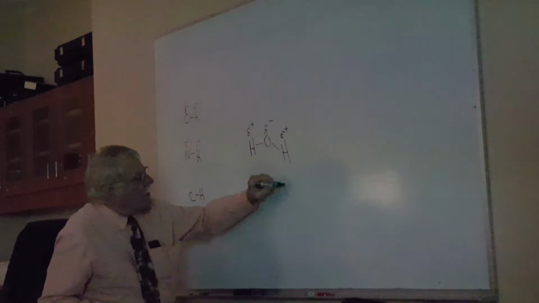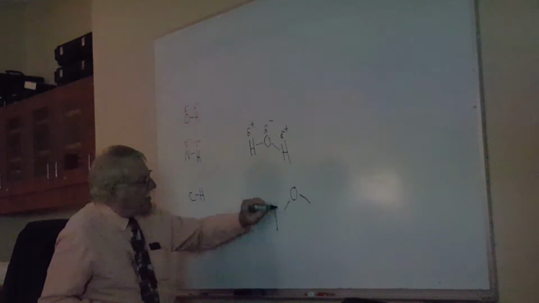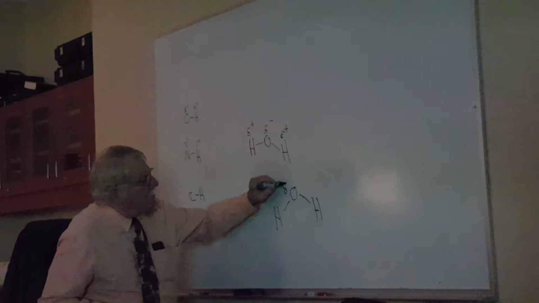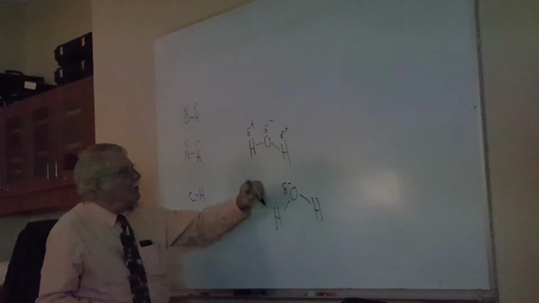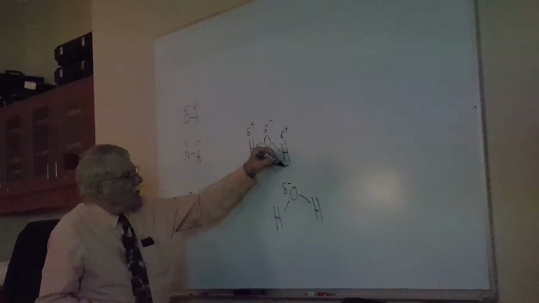And so when one water molecule sees another water molecule, they align themselves like this, so that, remember, opposites attract, the partial negative end of one molecule is very close to the partial positive end of another molecule.